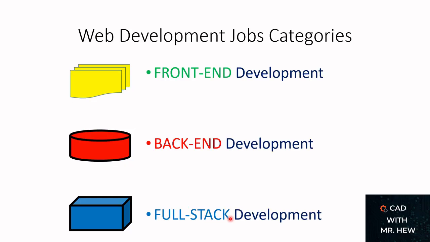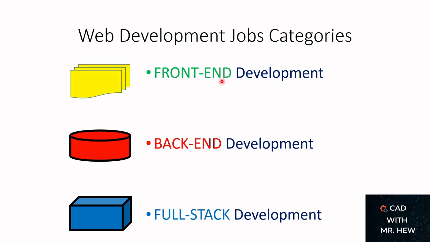Now let us look at the different jobs that are associated with web development. We have the front end development, the person who specializes in the front end development. We could have another person who specializes in the back end development. And we have the full stack development, which is a combination of both the front end and back end.